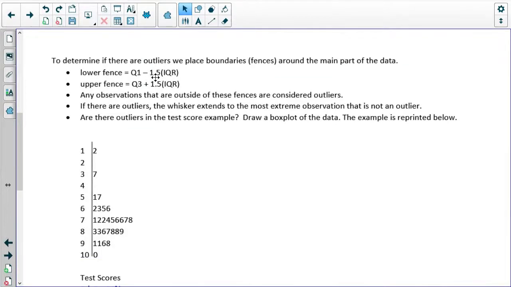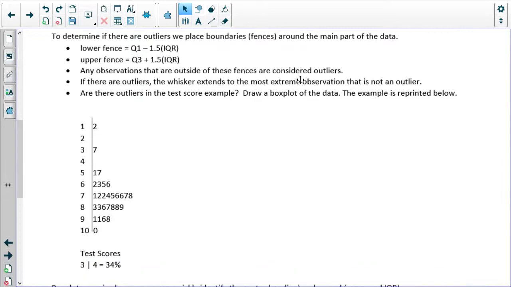To determine if there are outliers, we place boundaries around the main part of the data. So let's now actually count and see whether we have any outliers here. What I know is that I calculated the IQR to be 22.